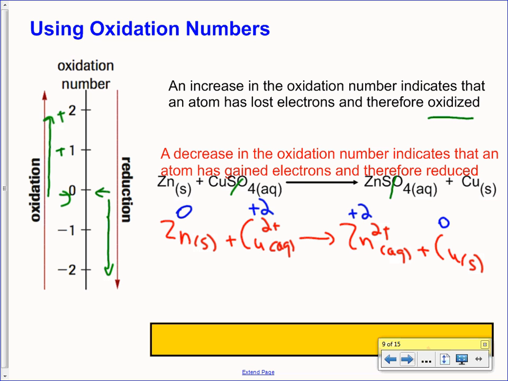So if we have a look at what's going on with zinc, we are starting at an oxidation number of 0, and we are increasing to an oxidation number of +2. So this tells us that zinc is undergoing oxidation.